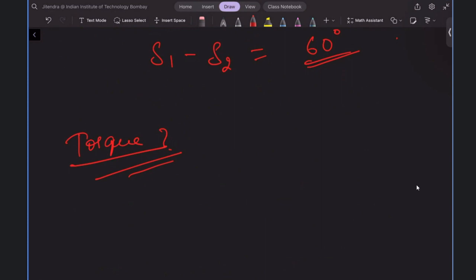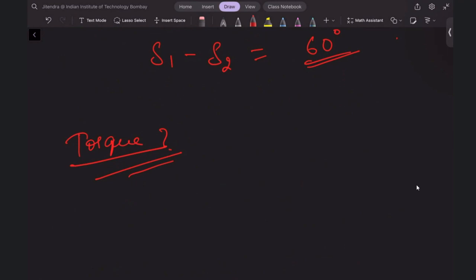In the next session we will deal with that, and also we will try to see some questions based on parallel connections and the drop in the frequency of the machine, right? That is a very popular topic which GATE always asks: in parallel operation, how much drop occurs in the frequency at the loaded condition from no load. That we will try to see and cover in the next lecture.